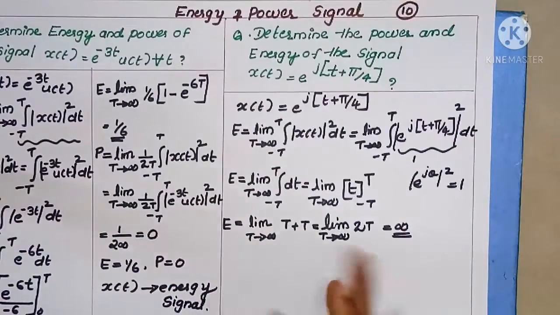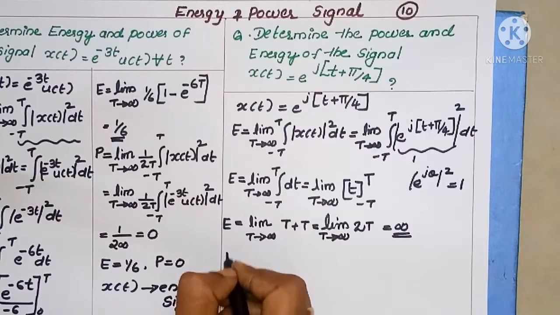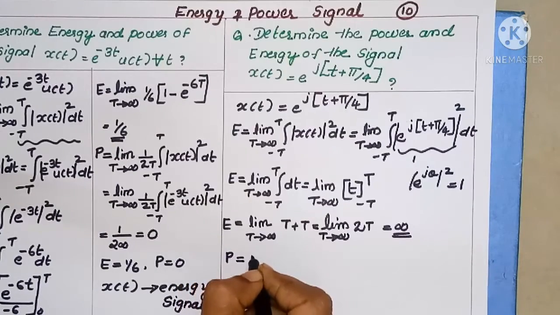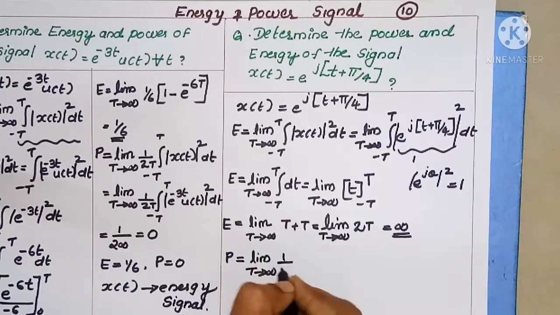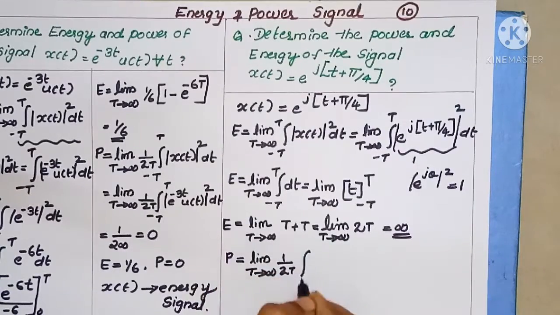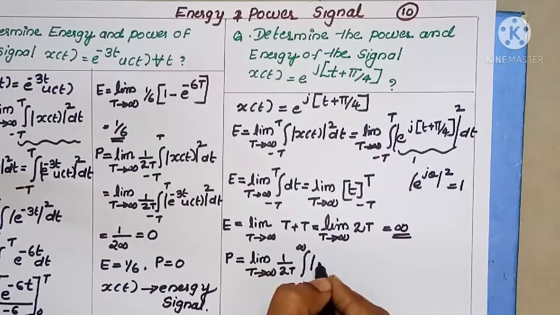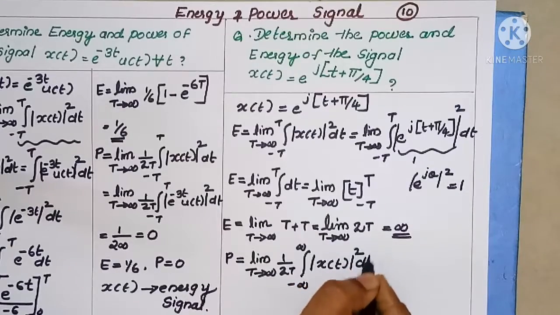Then we need to find the power of this signal. P is equal to limit t tends to infinity 1 by 2t integral of minus t to t modulus of x of t the whole square dt.